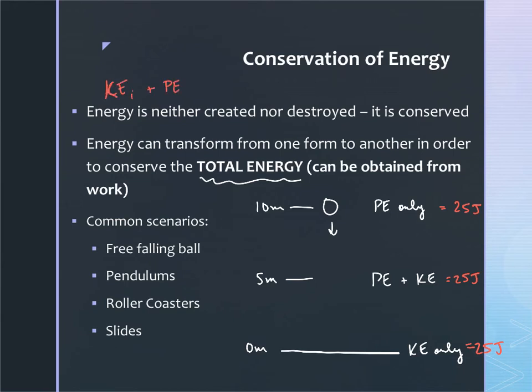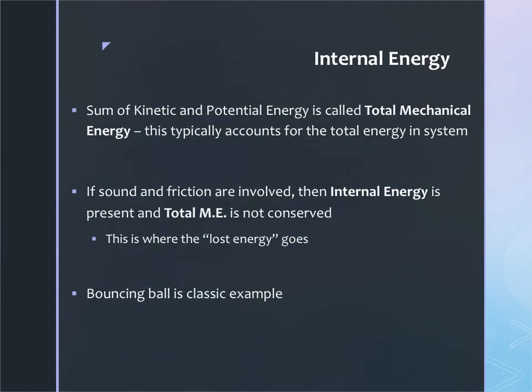This is the conservation of energy equation, where you look at the total energy before, which is equal to the total energy after. And this can be used especially when figuring out different aspects of the object as it goes from one point to the other, top to bottom or bottom to top. Okay, total energy before equals total energy after.